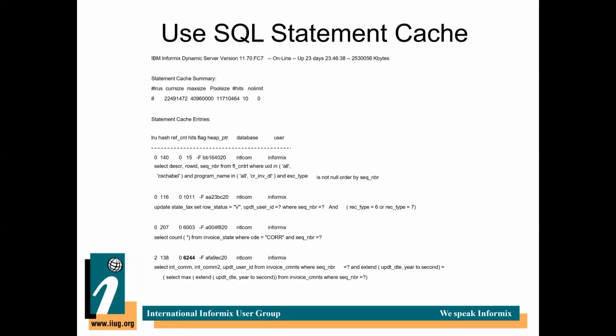Those are the ones you want to look at, then take that query and run it through DB Access. Run the explain plan on it to see if it's being optimized correctly, whether it's using the correct index or there's not an index on it, and so forth.